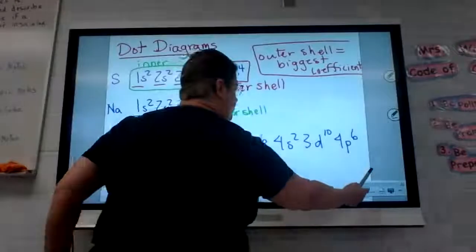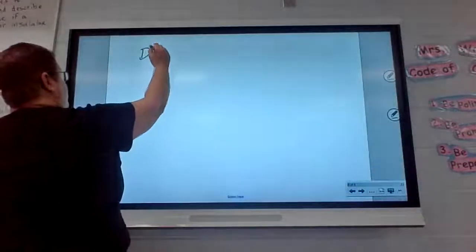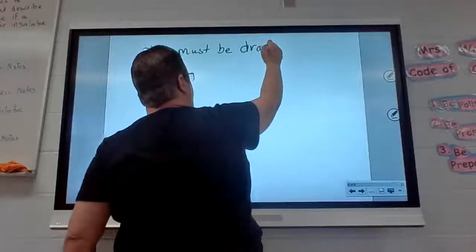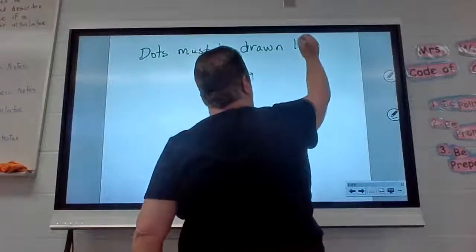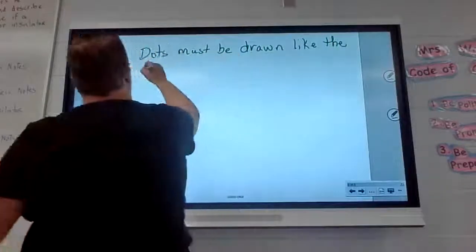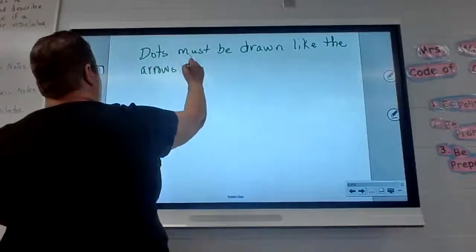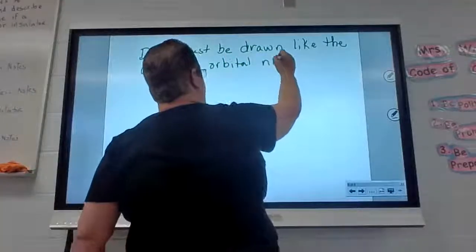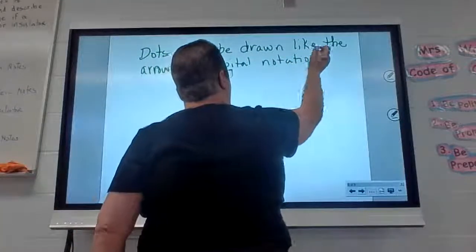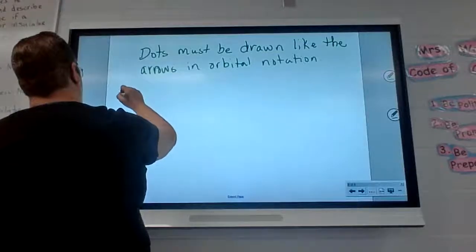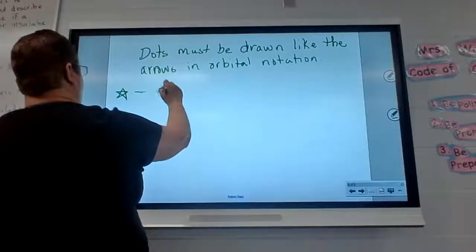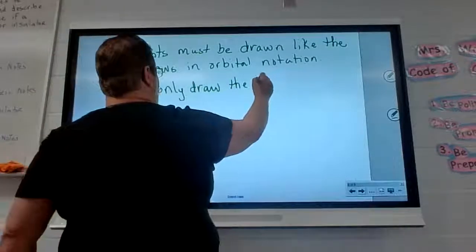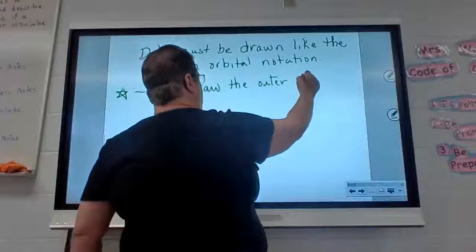So the dots must be drawn like the arrows in orbital notation. Only draw the outer shell.